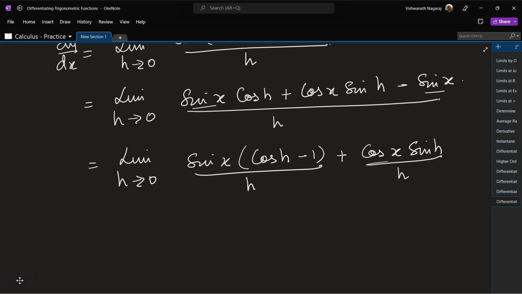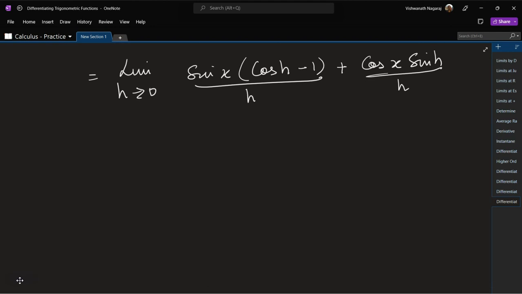Here, if you notice, let me write it separately: cos of h minus 1 by h, limit as h approaches 0. This would be equal to 0, and you can actually verify it by building a table of these values. Let me put that table and you can just have a look at it.